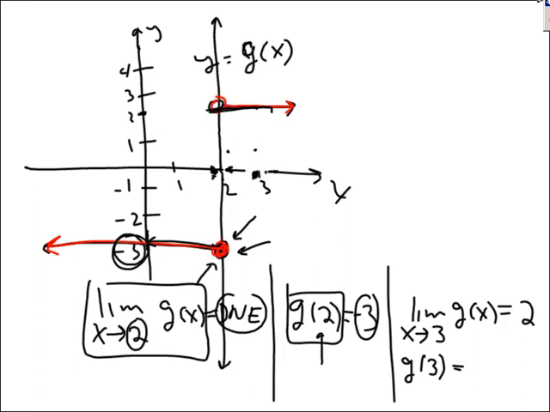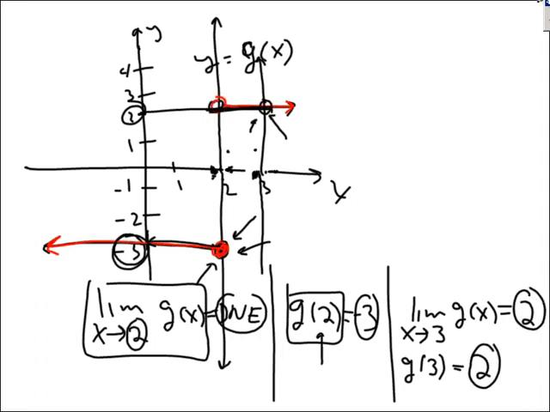When x is 3, you look below, you look above. I hit the graph right there. Right here, I hit the graph. I look across, I find g of 3. It's 2. Here, the limit equals g of 3. That doesn't always happen, that the limit as x goes to 3 equals g of 3. That is not always the case. g of 3 has nothing to do with the limit as x gets close to 3.